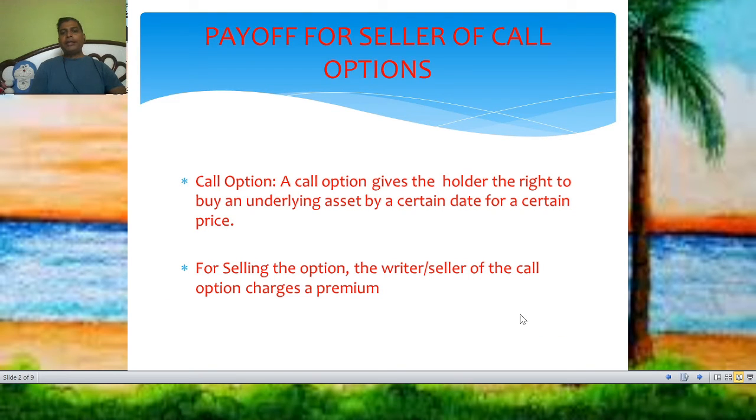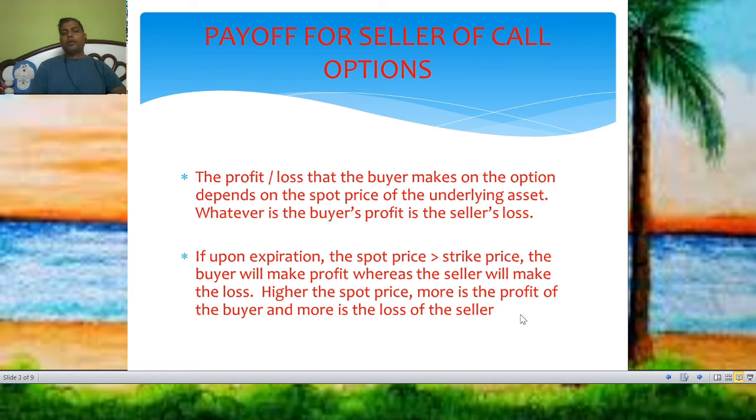Call option is basically an instrument that gives the trader the right to buy an underlying asset by a certain date for a certain price. So for selling the option, the writer or the seller of the call option charges the premium from the buyer. The profit or loss that the buyer makes on the option depends on the spot price of the underlying asset.